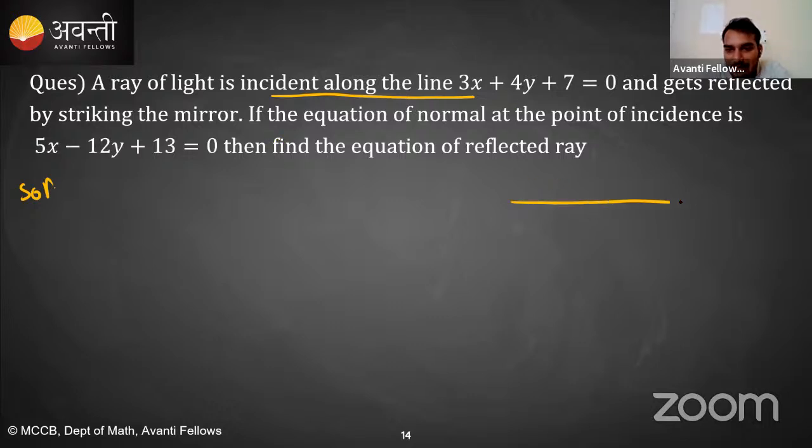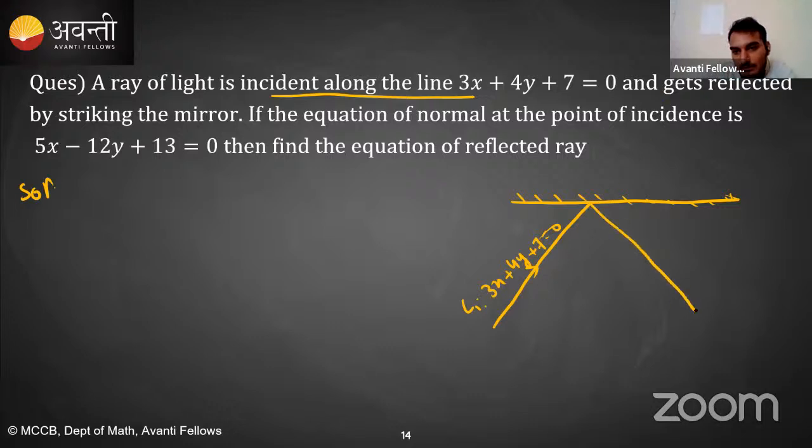Okay. So let's say this is our mirror. And our incident ray is along this line 3x plus 4y plus 7 is equal to 0. So this is our incident line, let's say L1, and it gets reflected by striking the mirror.